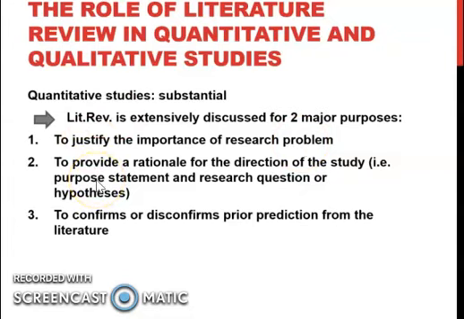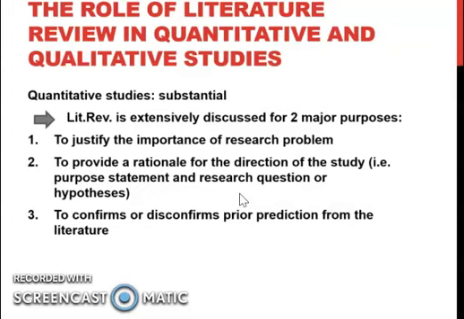And the second is to provide the rationale for the direction of the study. Because once it shows in the research problem, it also shapes your purpose of the study, and then the hypothesis as well as research questions. The last one is to confirm or disconfirm the prior prediction from the literature.